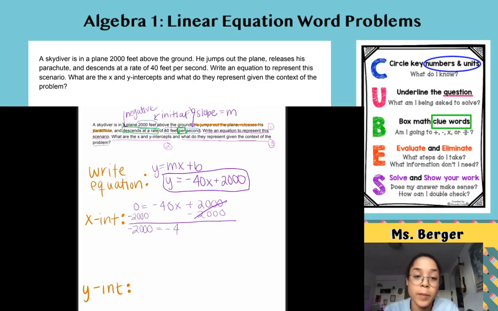And then I'm going to divide both sides by negative 40 to get x by itself. So then we're left with x equals 50.